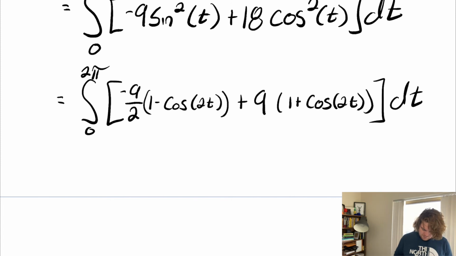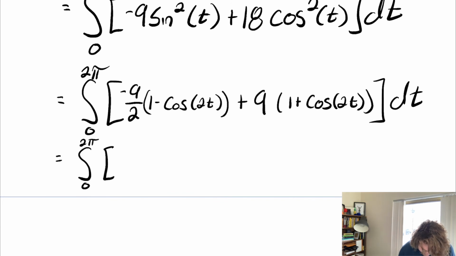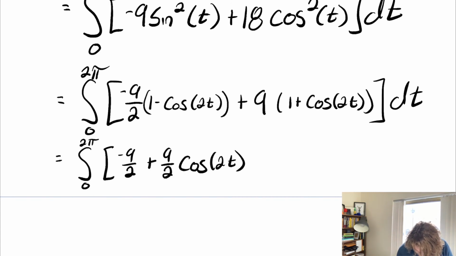Just a little bit of algebra that we have to keep up with. So still the integral from 0 to 2 pi, we'll have a negative 9/2 plus a 9/2 cosine of 2t plus a 9 plus 9 cosine of 2t.